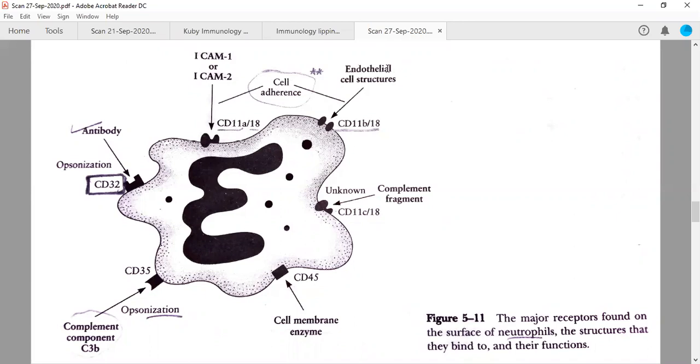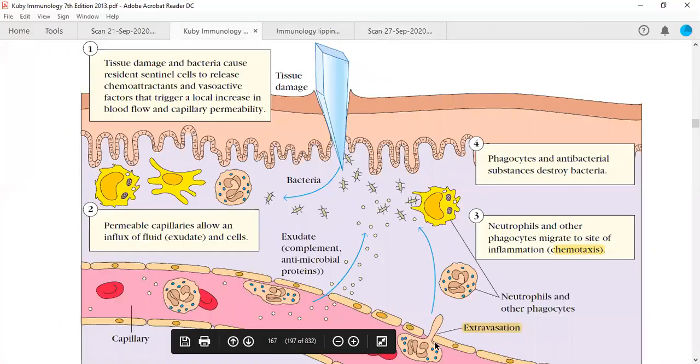So they will bind with endothelial cell structures, and then they will move between the two cells. As you can see from this diagram, this is an endothelial cell, this one is also an endothelial cell, but this is a neutrophil. So this neutrophil is coming out of this blood vessel in between two endothelial cells.